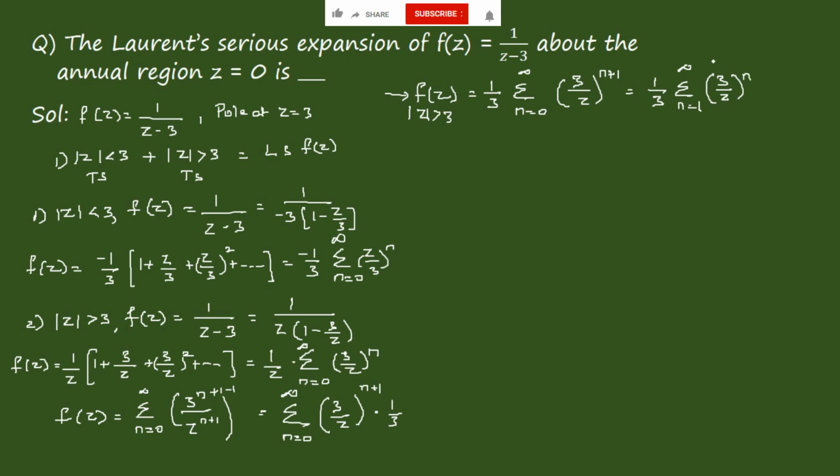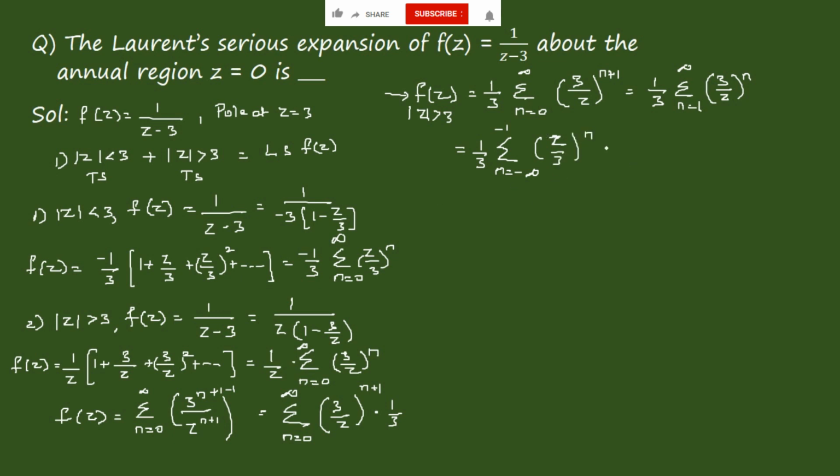Right. When you take the reverse of this one, then we get nothing but 1 by 3 summation of n is equal to minus infinity to minus 1, (z by 3) whole power n only.